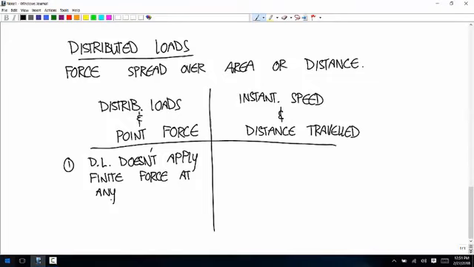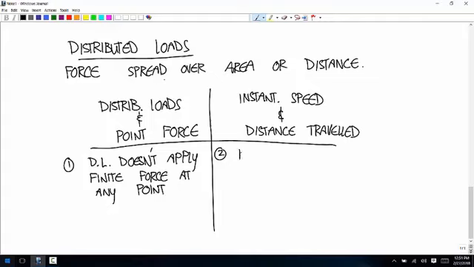At any single point, it's an infinitesimal force. You can think of that in the same way that if you're going a certain instantaneous speed, how much distance have you traveled at a single instant? If you're going 50 miles an hour, at a single instant, you don't travel anywhere. It's an infinitesimal distance that you travel. In order to travel a finite distance, you have to carry speed over some finite interval. And it works the same with this.